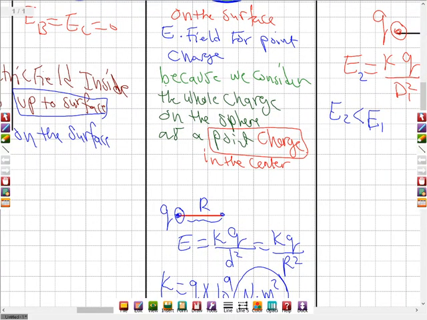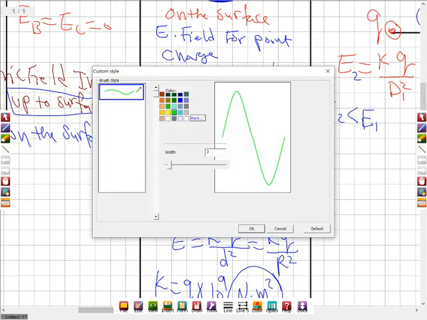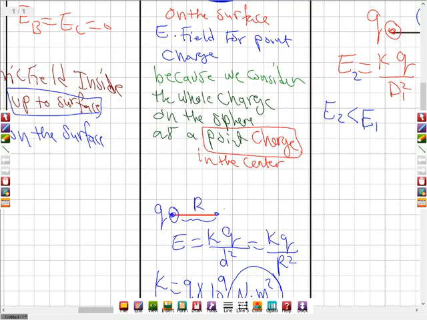To calculate the electric field at this point, we apply the formula E equals kQ over D squared, and D in this case is my R. This is my electric field on the surface.